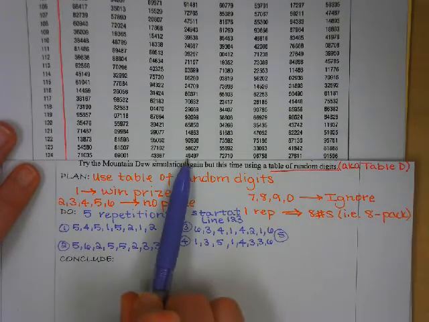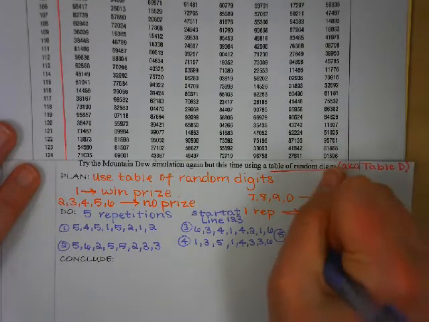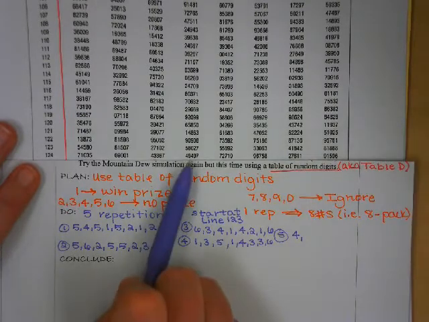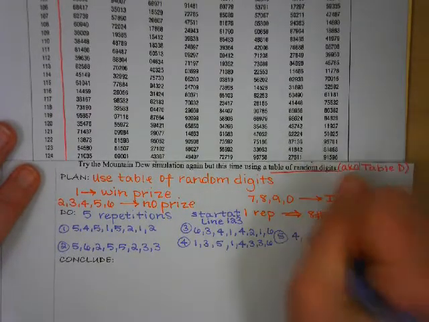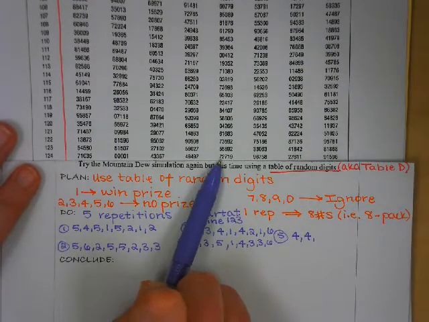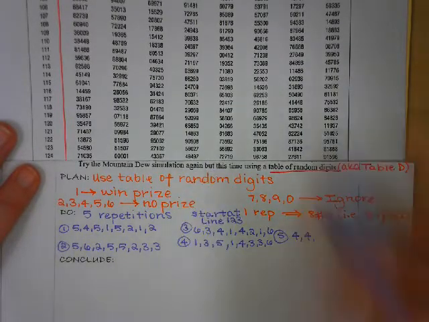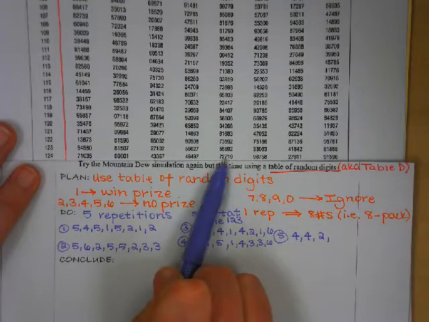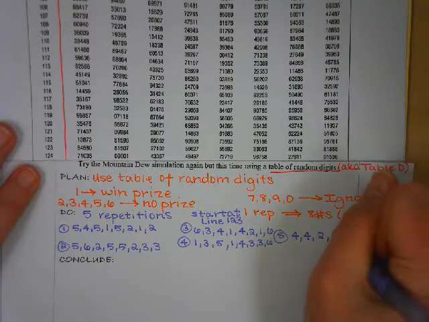And then I'm going to pick up where I left off for repetition 5. So 4, I ignore that 9. I get to use that 4, and I ignore 9 and 7. I ignore that 7, I get to use 2. I ignore that 7, and I get to use 1.